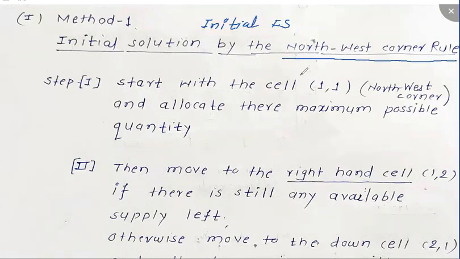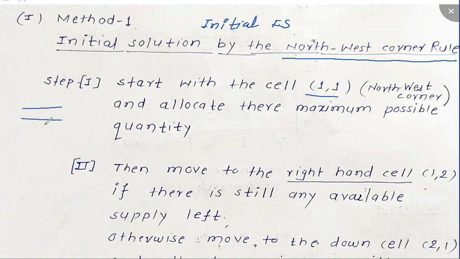Let us see how to find initial feasible solution by northwest corner rule. Step 1. Start with the cell 1, 1.